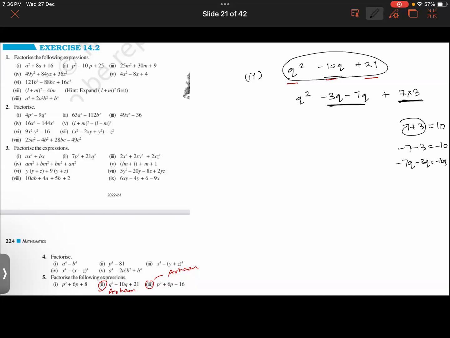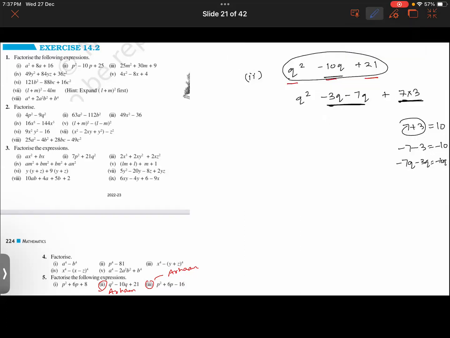Now see if there's anything we can take common here, in q square, 3q, 7q, or plus 7 times 3. Taking 3 common? No, sir, because it's minus 10. See, हम क्या करेंगे ना?